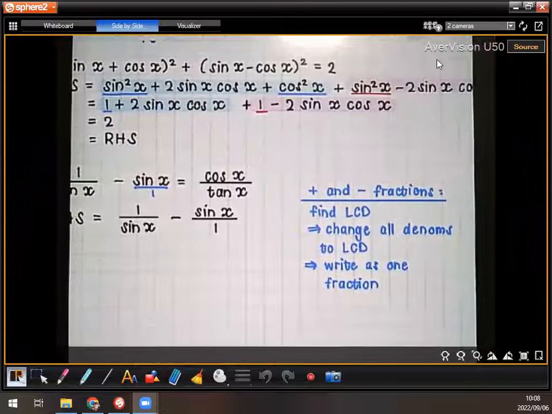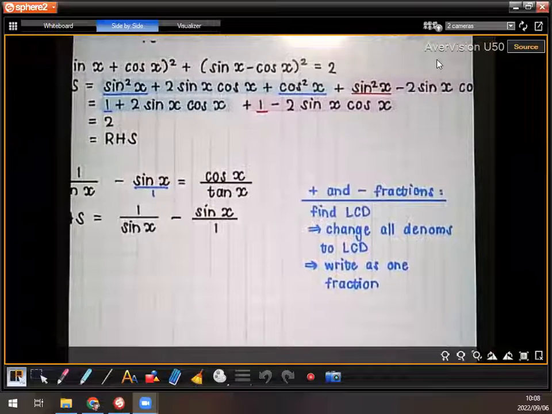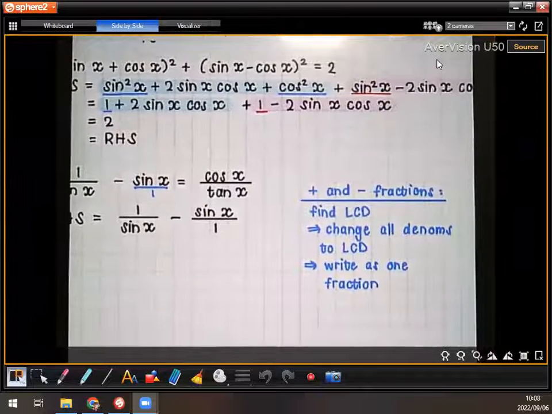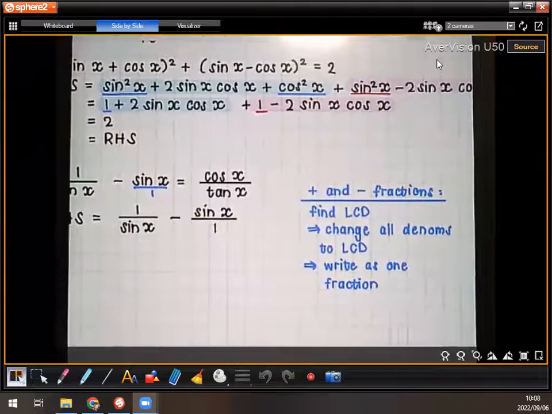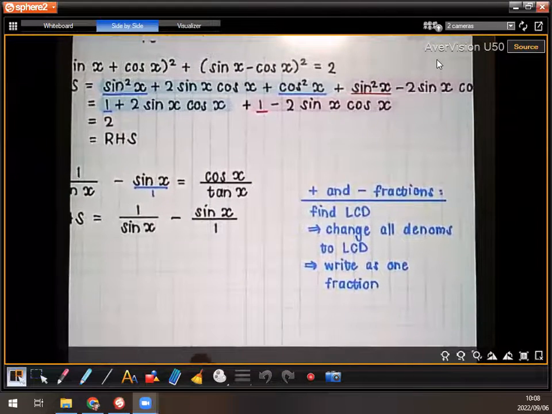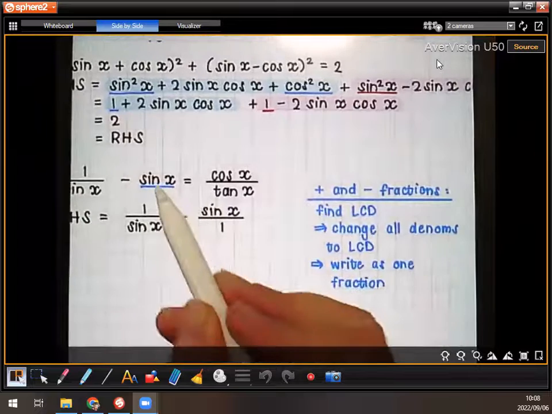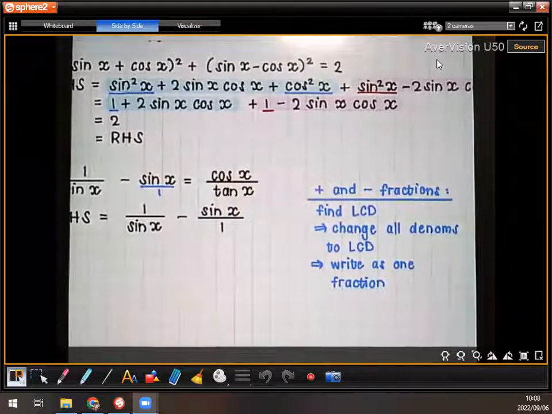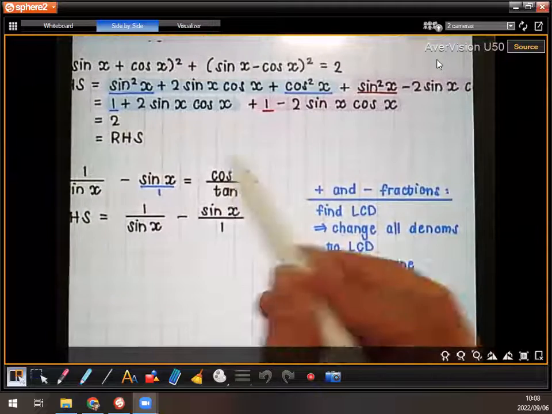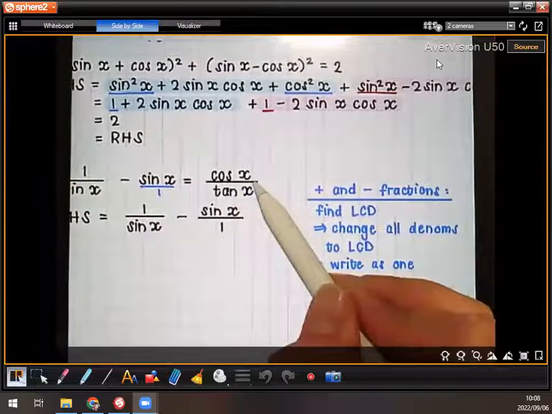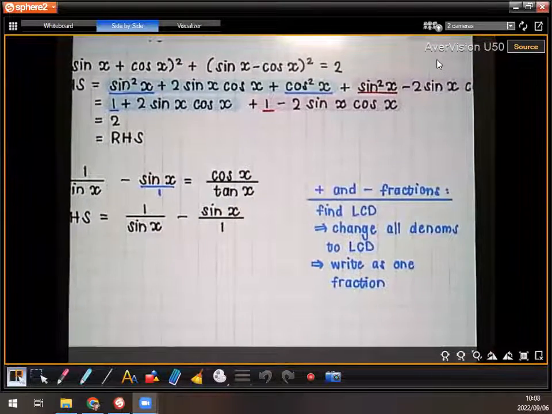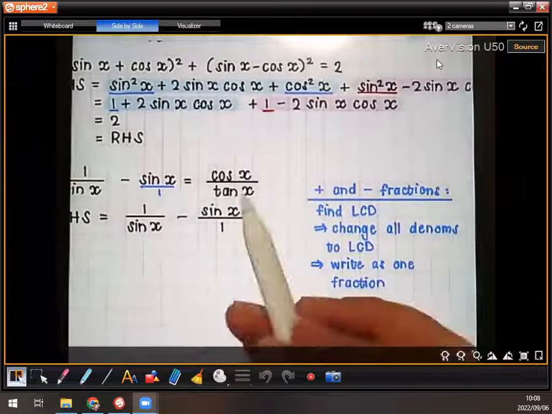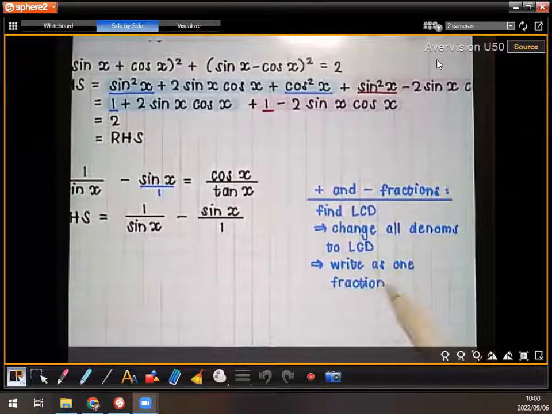So you always need to find your LCD, you must change all the denominators to that LCD. And then once you have the same denominator, you can write it as one fraction. Because guys, again, if we're looking at what we're starting with, we have two separate fractions, but what we're trying to get is one fraction. Right? So does it make sense that we're going to have to write it as one fraction? Okay, we've got from two fractions to one fraction. So we are going to have to use that one.